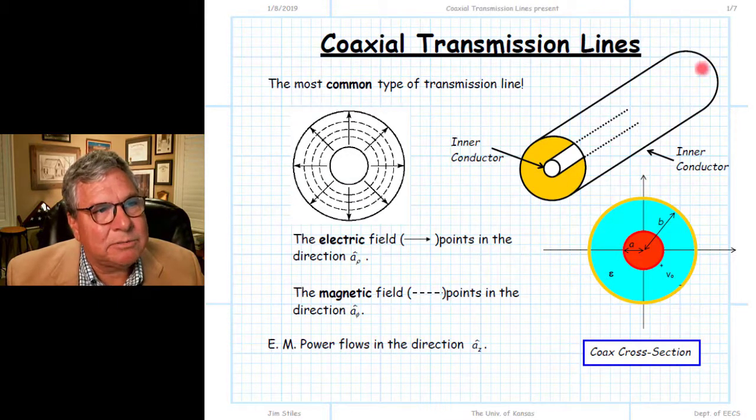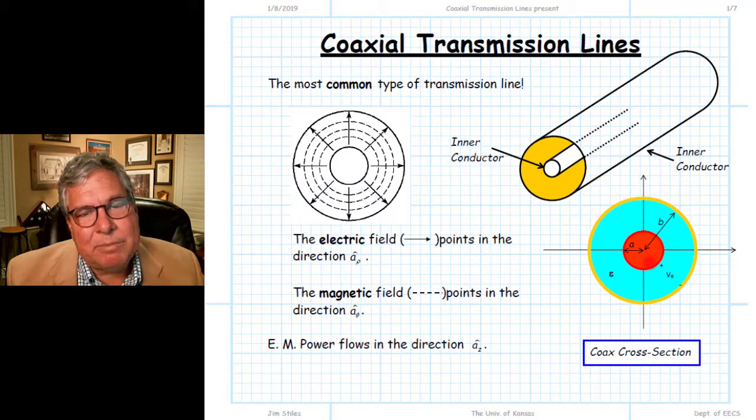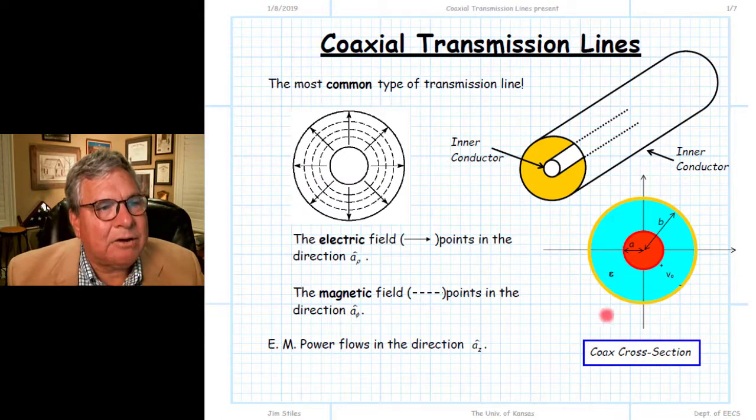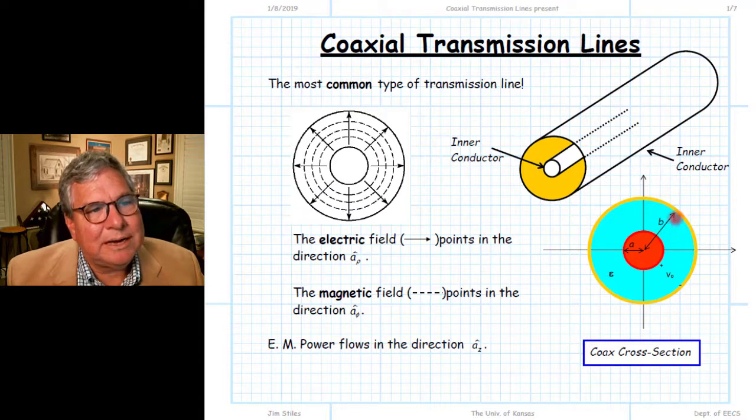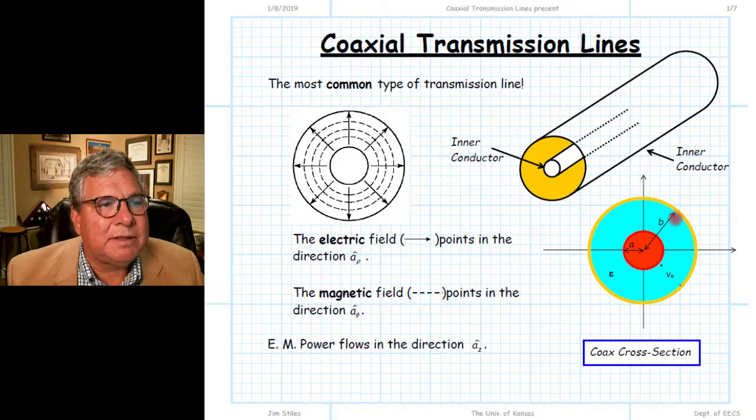So the length of the transmission line runs this way. If we were to go through and slice it in half, this would be the cross-section that we would see. So this red cylinder is the inner conductor. It's a conducting material. The key parameter of the inner conductor is its outer radius A. The outer conductor's key physical parameter is simply the distance from the center to the inside of the outer conductor.